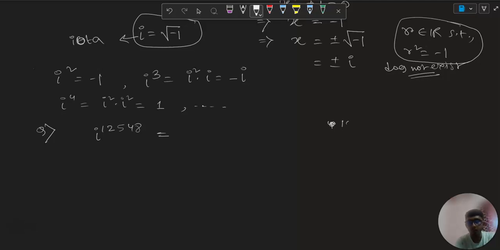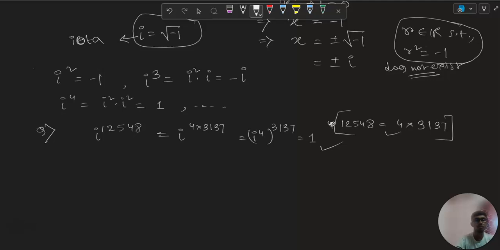And what would it be? This would be 4 into 3137, right? So we can write it as i to the power 4 into 3137, which is basically 1 to the power 3137, which is basically 1, right? So that's how we compute these things.